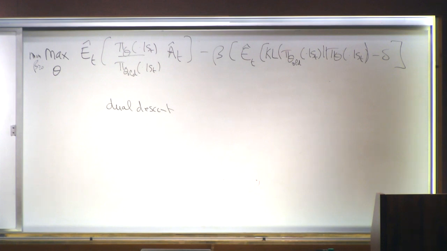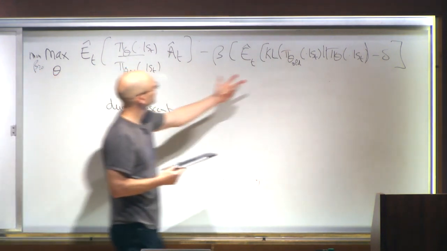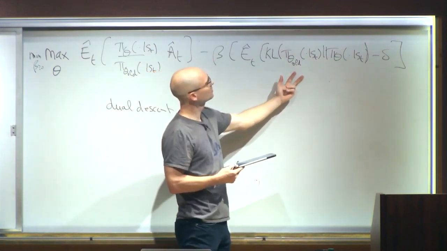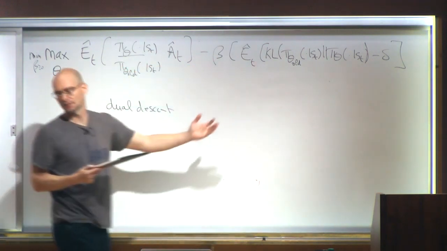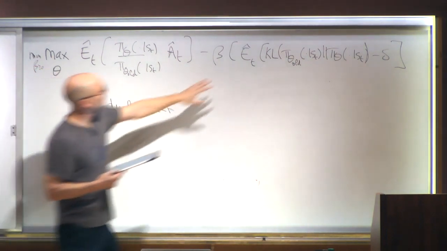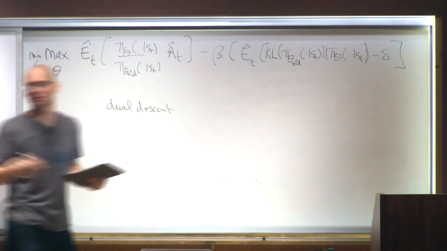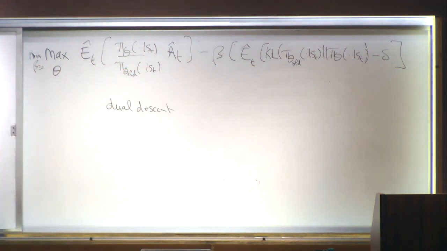The update on beta will be informed by, effectively, the gradient of this thing, which will look at whether on average this is satisfied or not, whether the expected KL is smaller than or equal to delta. That will determine the sign of this thing. And so our beta will go up or down depending on whether we are satisfying the constraint.